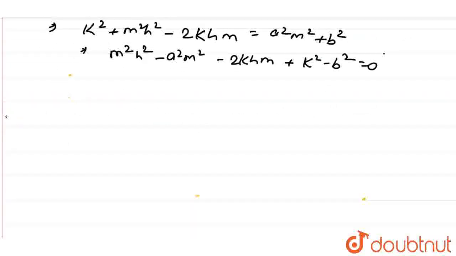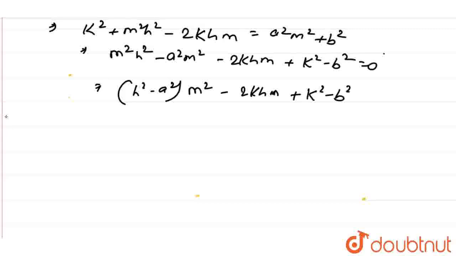Now you can see that this is a quadratic equation in m, where m was the slope. So actually we are finding the roots for the slope.